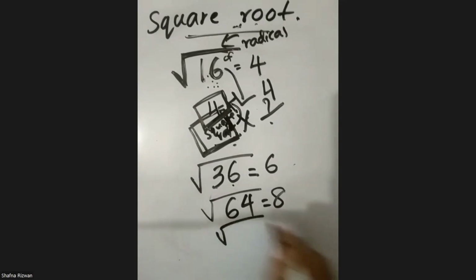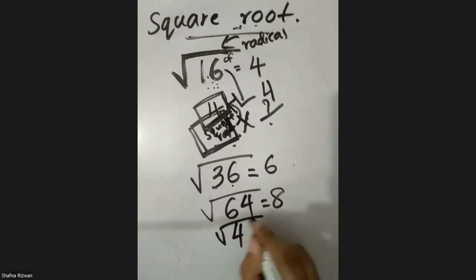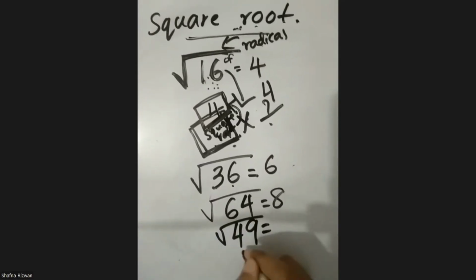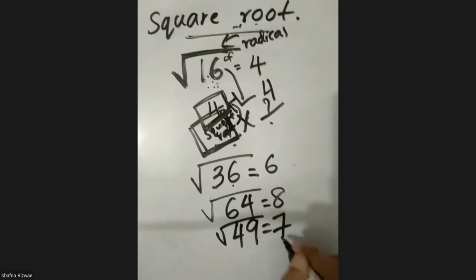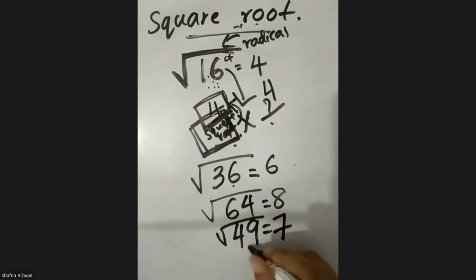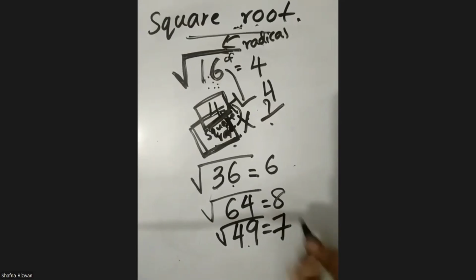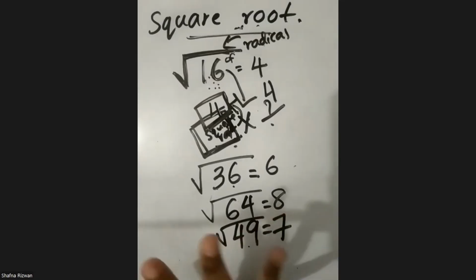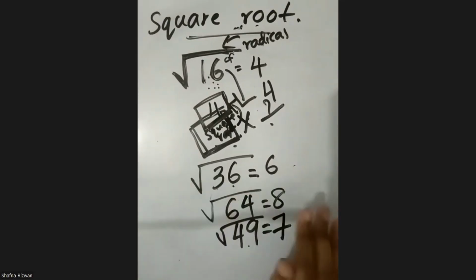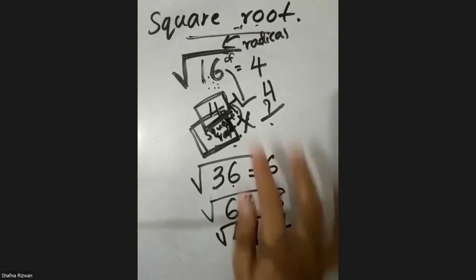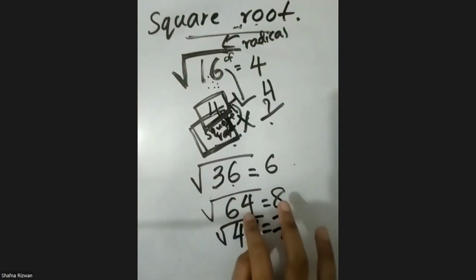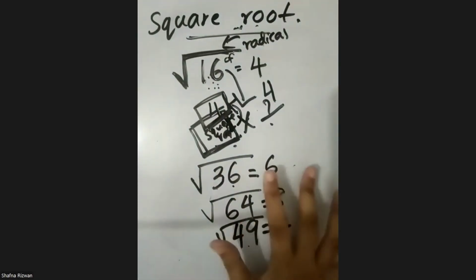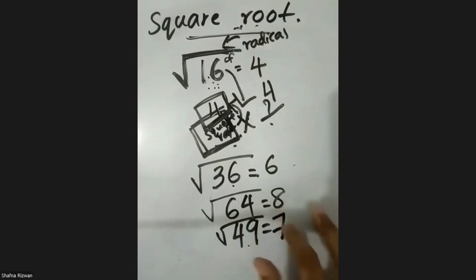Again, if I give you another number, 49, what's the square root of 49? That is 7. 7 is the square root of 49. I hope you have understood this. Whenever they give you numbers like 16, 36, 64, 49, you can easily find the square root like this.